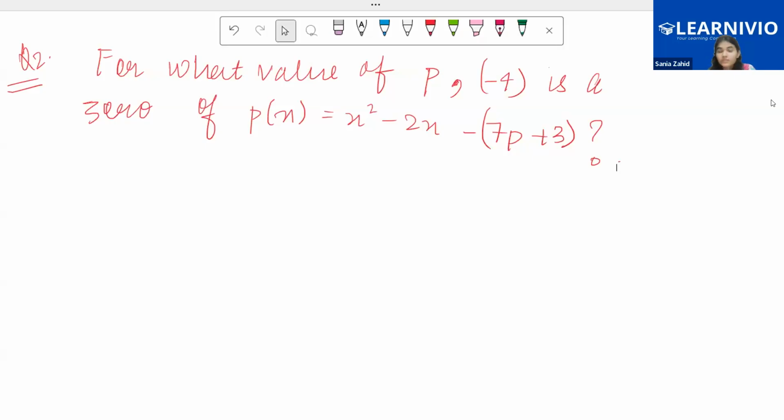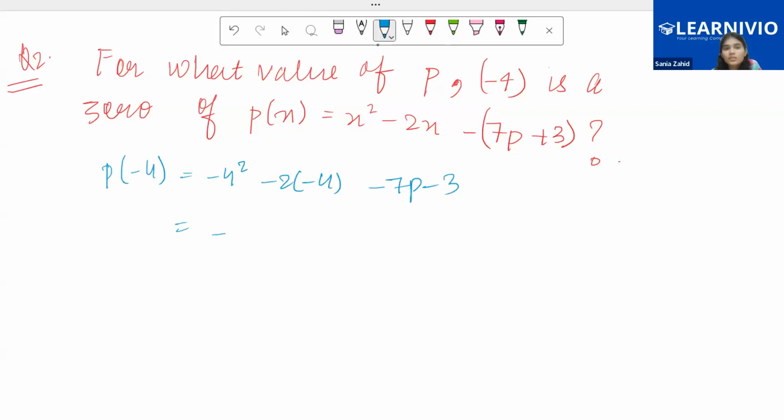3, ma'am. Yes, done, ma'am. Okay, tell me. P equals 3. Let's check. So first of all, the value will be minus 4 only, right? It is minus 4 square, minus 2 into minus 4, minus 7p, minus 3.